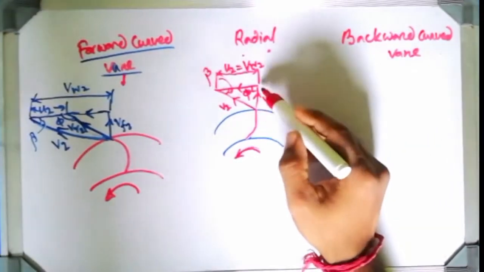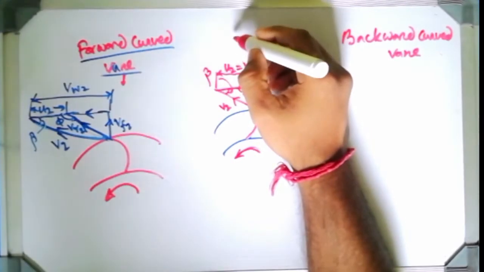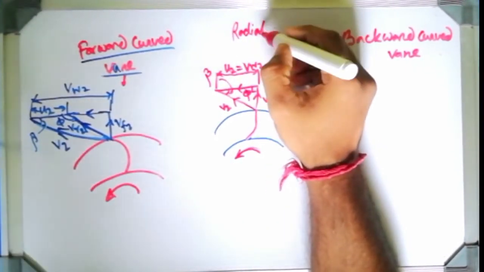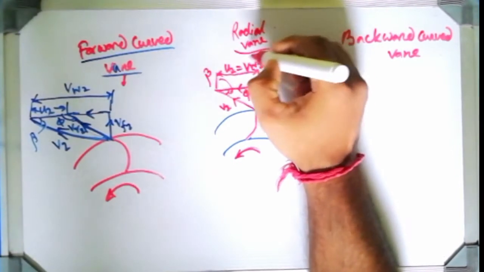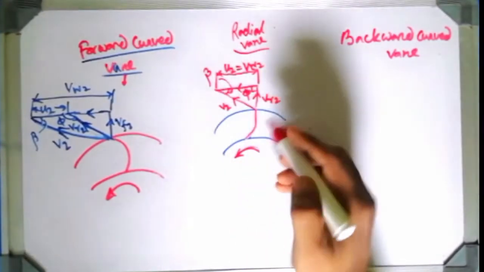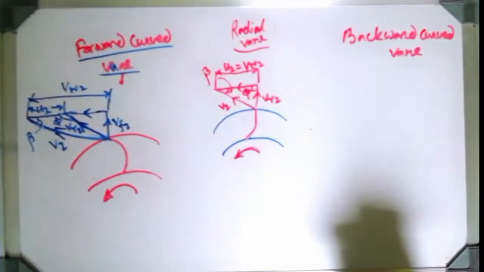So now the radial vane is of this kind. If the vane is radial, then this will be the outlet velocity triangle, and radial vane means at the inlet there is a curvature, but at the outlet there is a radial discharge.